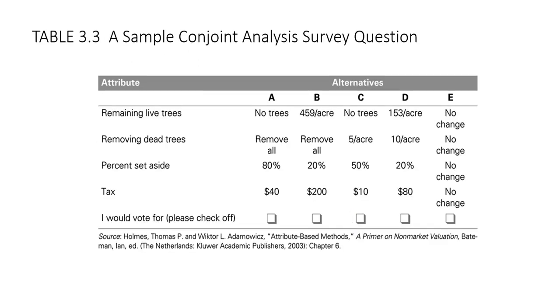And this is what the question looks like. In this first column are the 3 attributes that people are described. And then the last attribute is a tax amount.